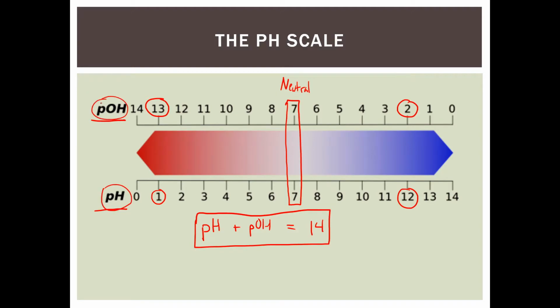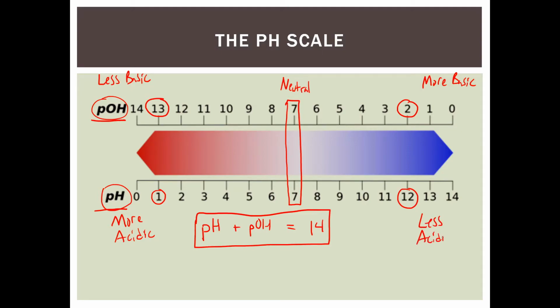Now this means that as something gets more acidic, so remember this side is more acidic, low pH is more acidic, then the substance becomes less basic. And similarly, a low pOH means that it is going to be more basic and less acidic.